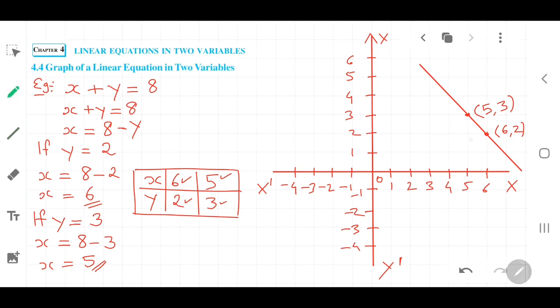Then on the line itself you can write here the equation, that is x plus y equal 8. Write this equation in this way. So this is how we can represent linear equation in 2 variables in graphical form.